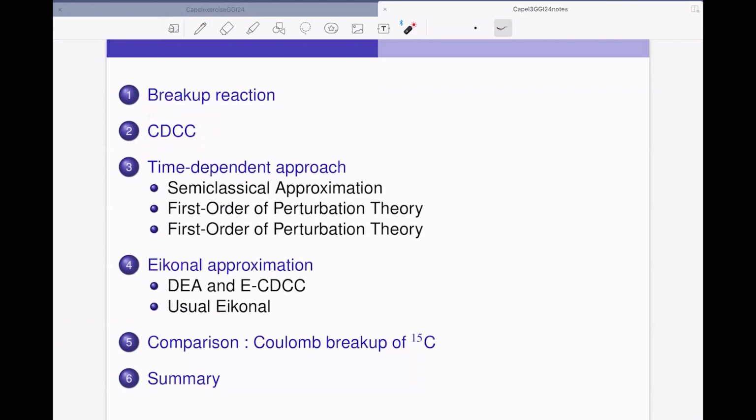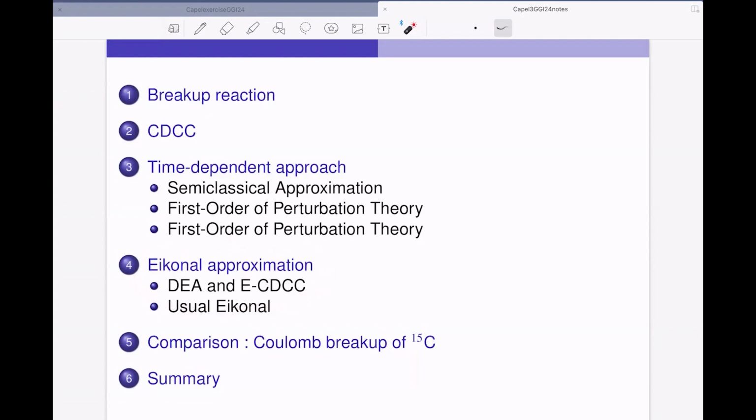And then we'll see the time-dependent approach, which is a semi-classical approximation, and we'll just see the first order of the perturbation theory. And then we'll see the eikonal approximation, which is a higher energy approximation of the reaction.